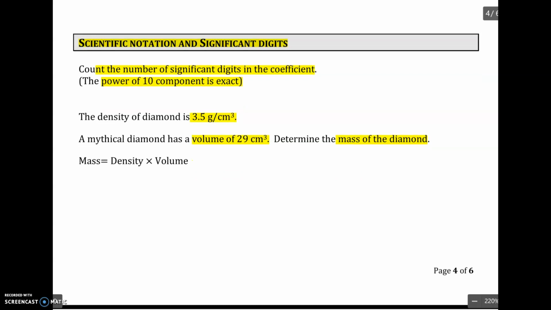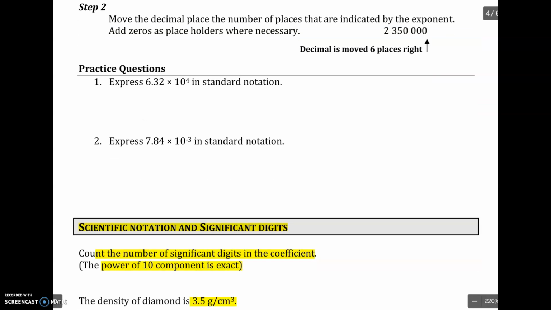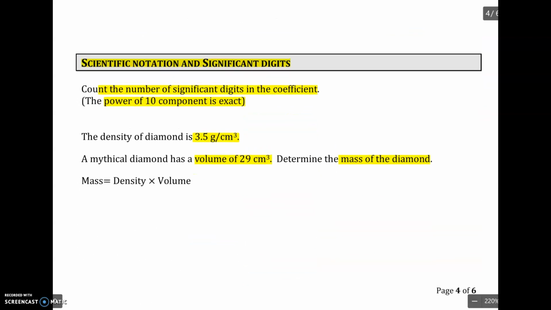But before I do that, I want to keep track of something. I want to check in on my sig figs. So this has 2 significant figures, and so does this. So I already know that I want my answer to have 2 significant figures. And this is also because it's a multiplication question. So let's fill in.